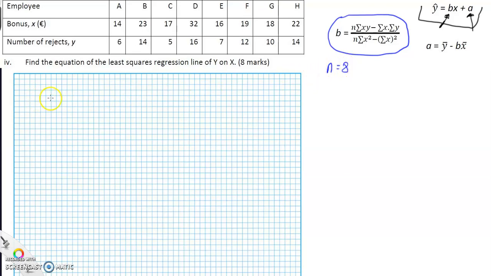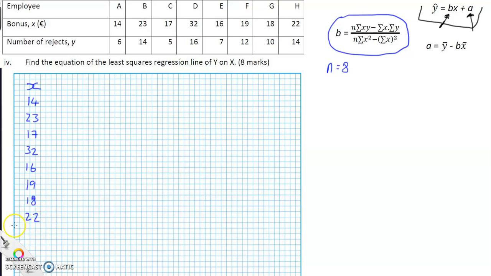This time we'll do it slightly differently, down the way maybe. It doesn't really matter. This is going to be our x column. We'll have 14, 23, 17, 32, 16, 19, 18, and 22.